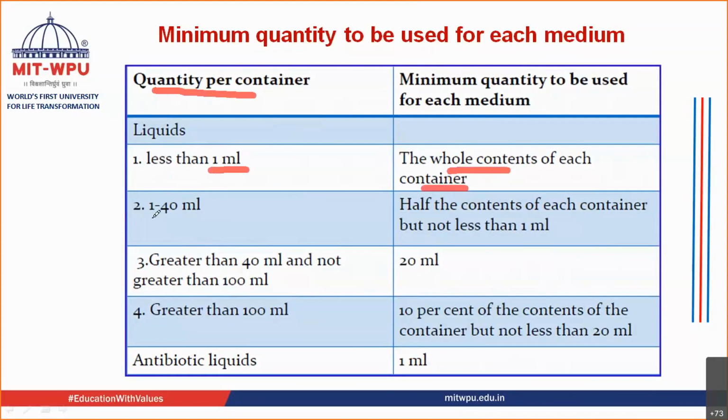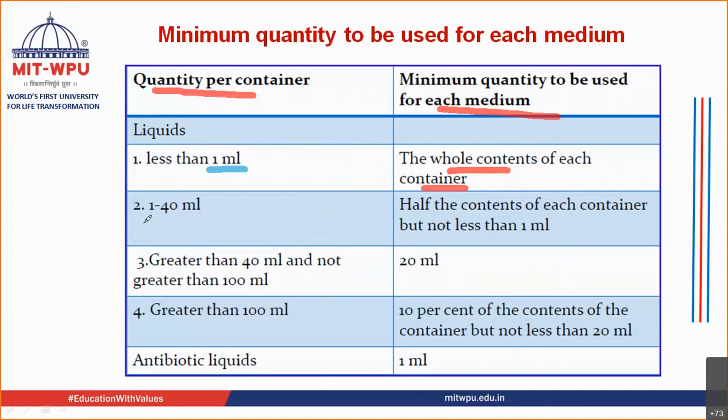Got it? The number of samples we have already seen. You have to open each one, put it in the media, and incubate it. The second one, you again open it, put the whole content in the media, and incubate it, because the quantity is very less, just 1 ml.